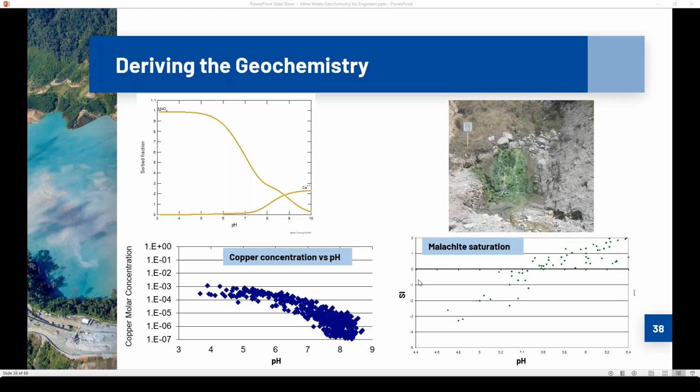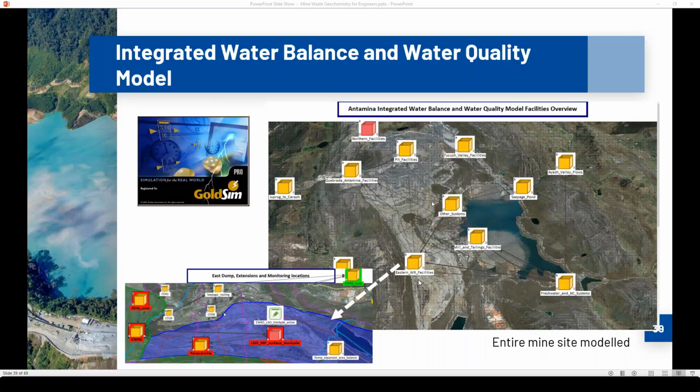That's from the mine site and from the field barrels, and then also using site observations to compare the relative saturation of a mineral. In this case, it's malachite, which is that nice green mineral shown in the photo at the top right, versus just below it the assessment of the relative degree of saturation theoretically using a model. So using all of that, we can then build an integrated water balance and water quality model.